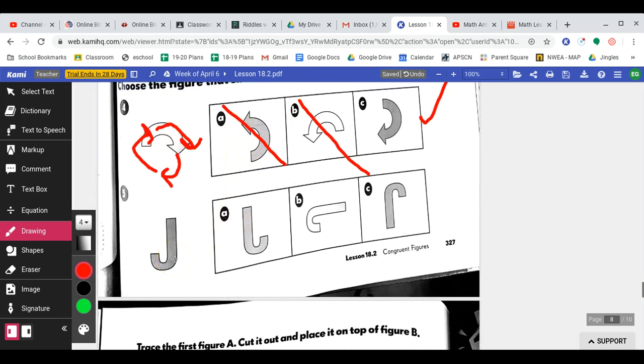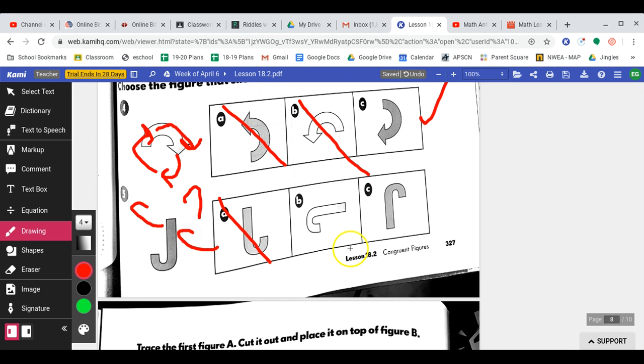Okay, the letter J here, we're looking once again for a turn. Does this show a turn? Nope, that's a flip. This one. Okay, if we were to continue this shape going in this direction, it would look like this, and then upside down, and then around like this. So nope, the hook would never be at the bottom here of that J. And actually, I did that one wrong.